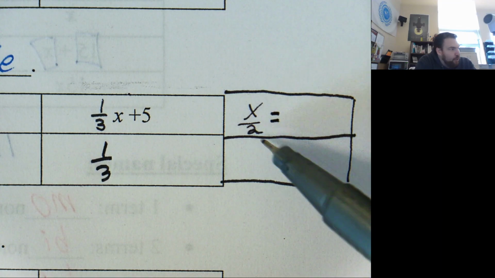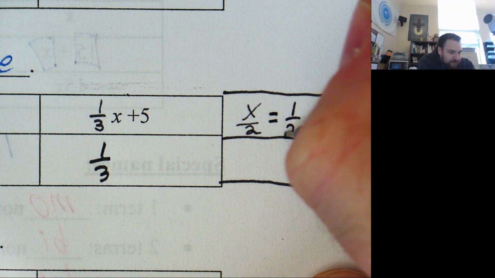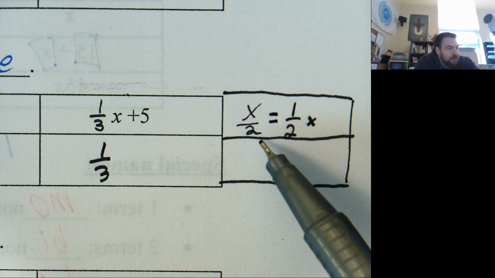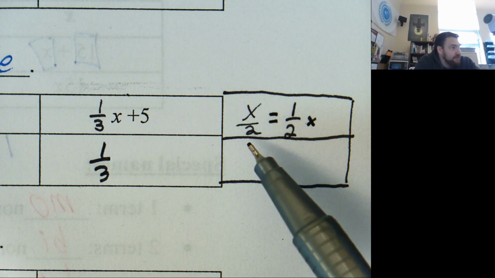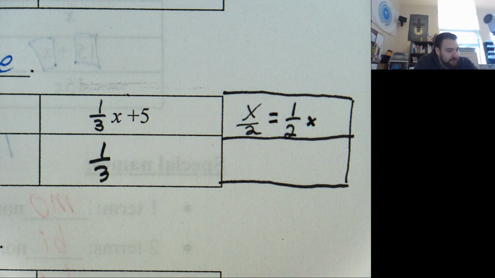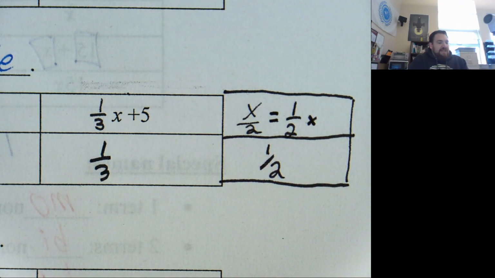So if I have x over 2, this is the same thing as 1 over 2 times x. Division and multiplication by a fraction are the same thing. So if I have x over 2, my coefficient there needs to be understood to be 1/2. Division is just a nasty way to write a coefficient.